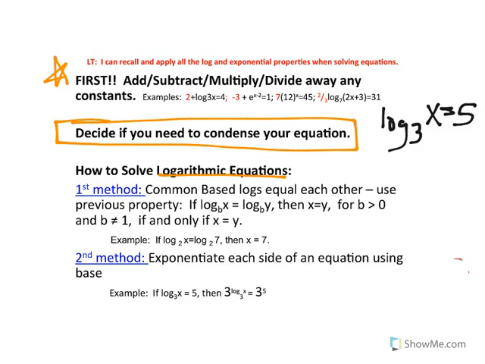The inverse of that would be a base 3 raised to a power. And so for me to get rid of the log base 3 part, I'm going to have to exponentiate, which is just a very fancy way of saying whatever this base is, I'm going to say 3 to all of that as a power, and 3 to all of that as a power.